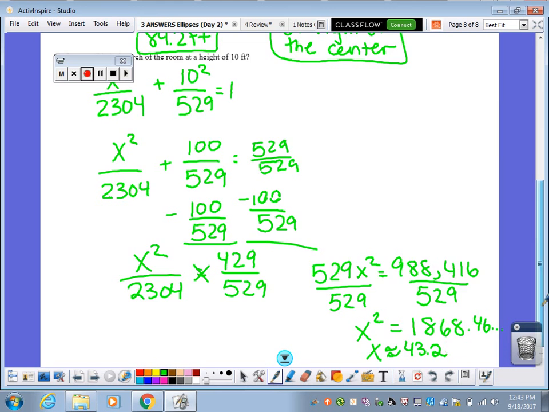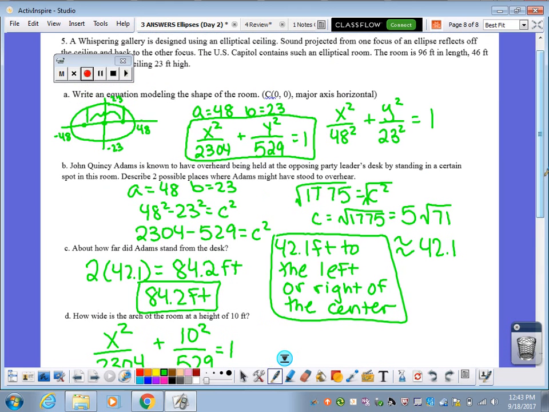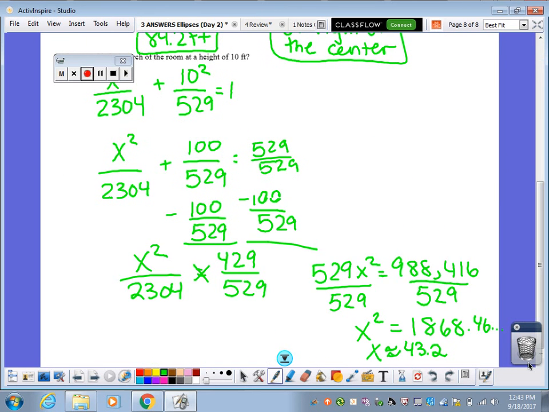So now this gives us this value right here. But what we need is this entire value here. So what we do as our last step is multiply this 43.2 by 2. 43.2 times 2 gives us our final answer of 86.4 feet.